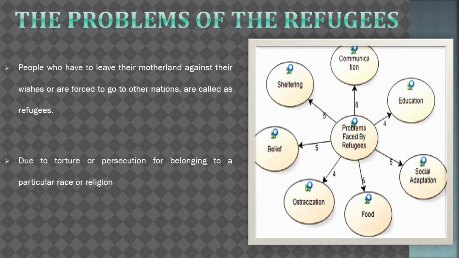People become refugees due to torture or persecution for belonging to a particular race or religion, or due to war or disaster, etc. In such situations, people are forced to leave their own country and seek shelter in some other country.